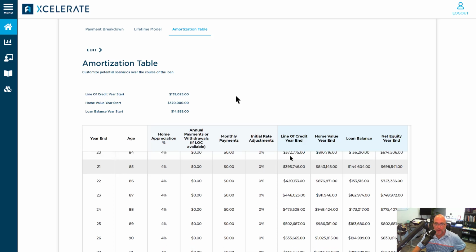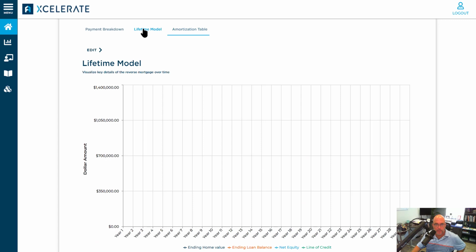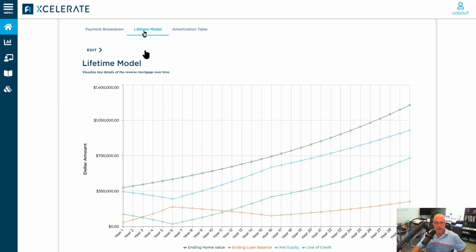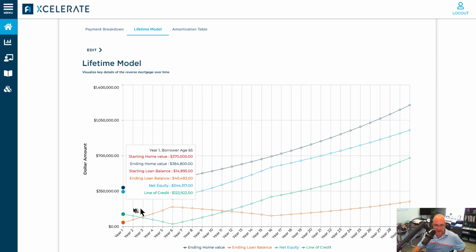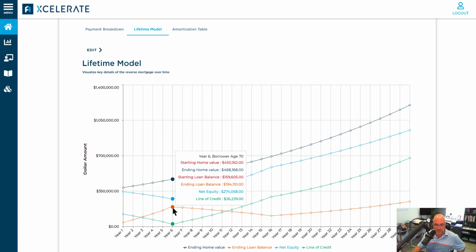So, at that point, let's go back to the lifetime model because I do like to show it in the graph format. So what we did for 7 years is we pulled money out, so the line of credit dropped, loan balance grew. Orange is the loan balance, the green was the line of credit.